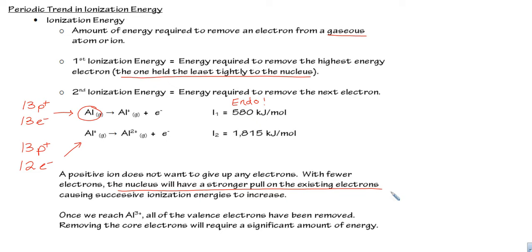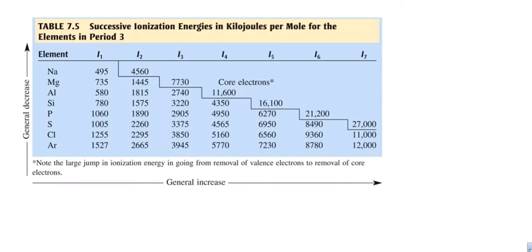Now this chart's really interesting. Take a peek at this. Let's look at aluminum. Okay, so we've got the first electron, the second electron. We kind of mentioned those two. Removing the first electron, I have to add 580 kilojoules of energy.